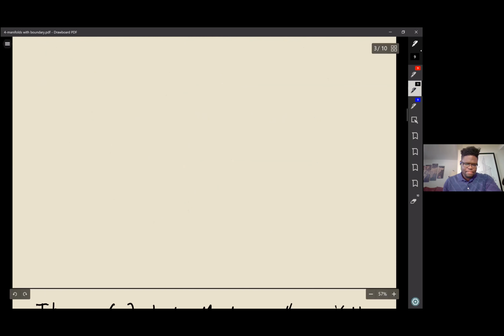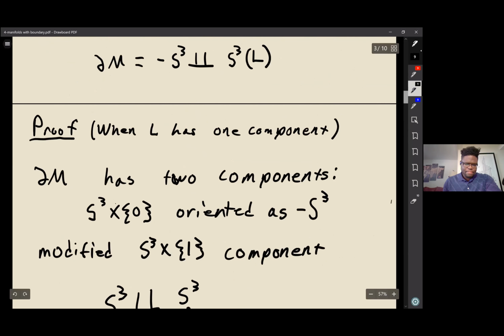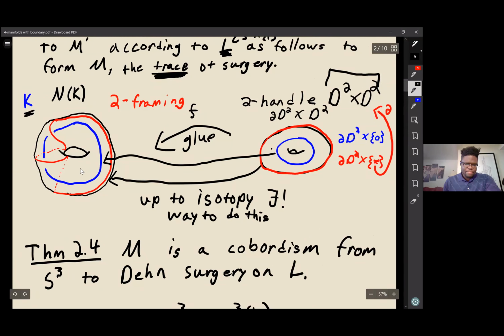Right, so if I go back to this picture, these solid tori are no longer part of the boundary after I've glued this 2-handle.